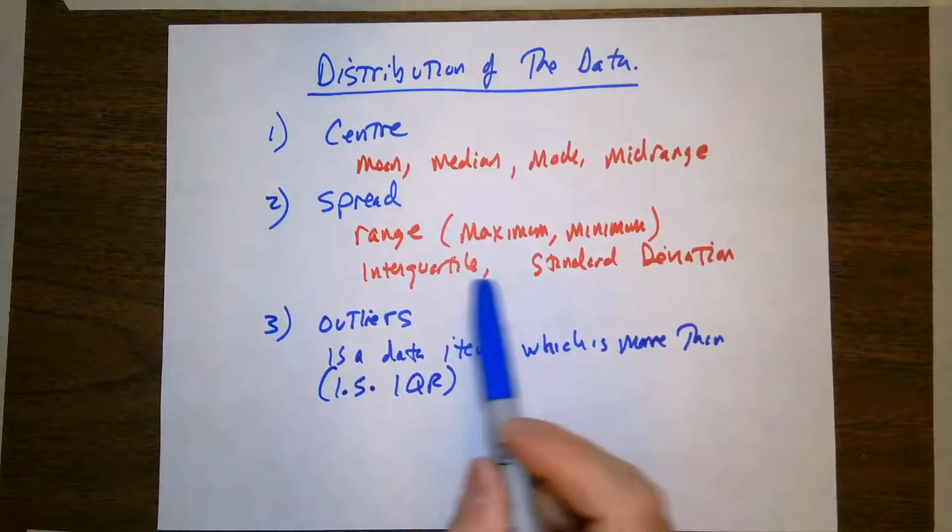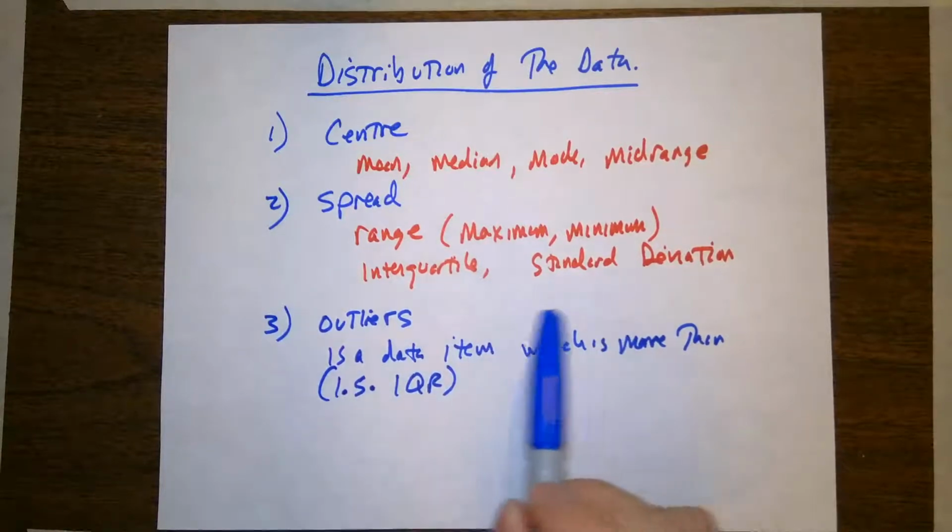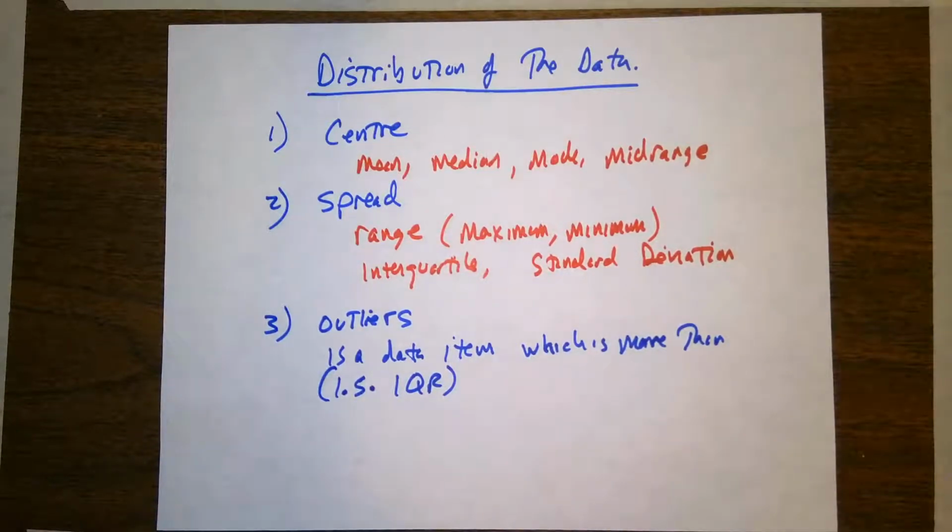So whatever the interquartile range is, multiply that by 1.5, and if the data piece is more or less than that away, then that would definitely be an outlier.